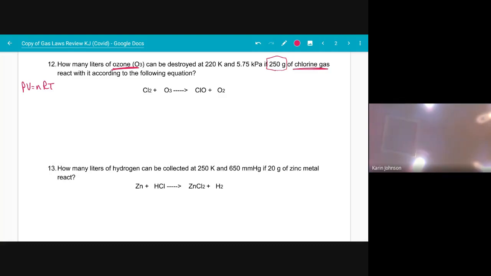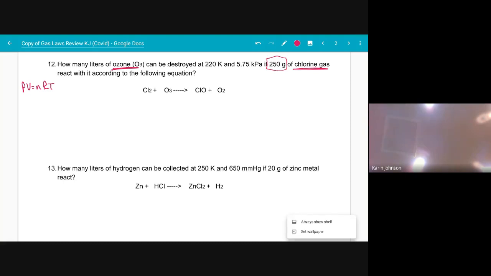That's a little bit of a problem. For the ideal gas law, it has to all be the same molecule. So in that case, we are going to have to use our stoichiometry to figure out how many moles of O3 we're dealing with. First thing I'm going to do is balance the equation.